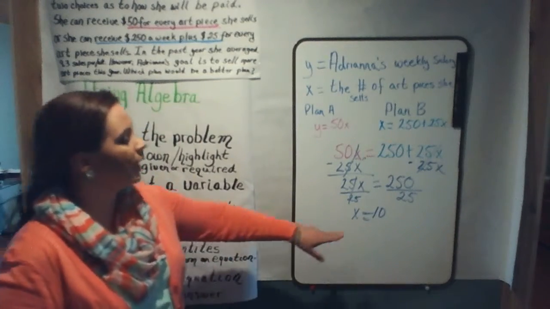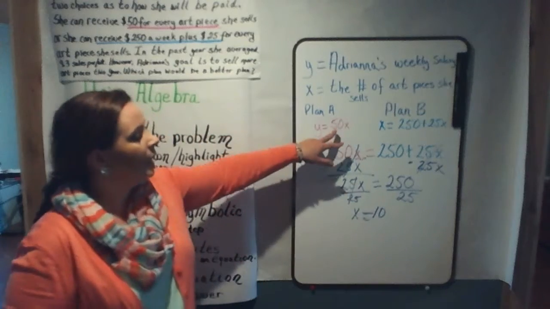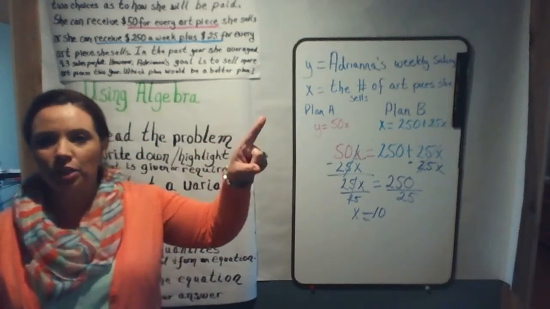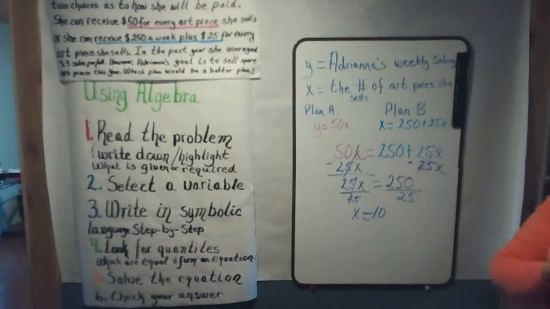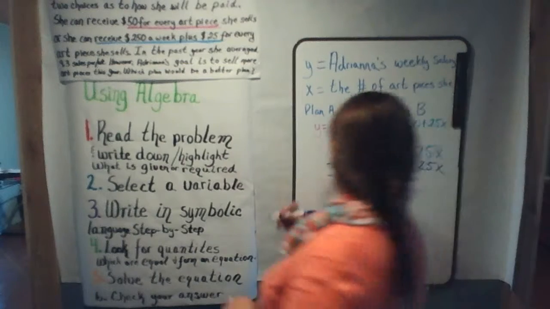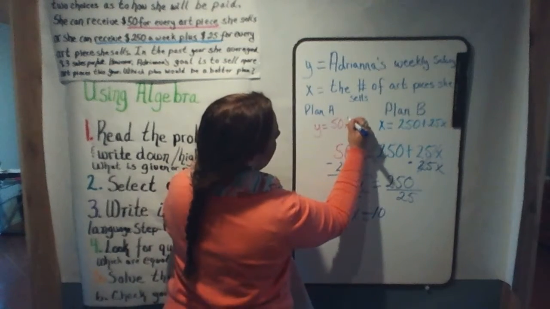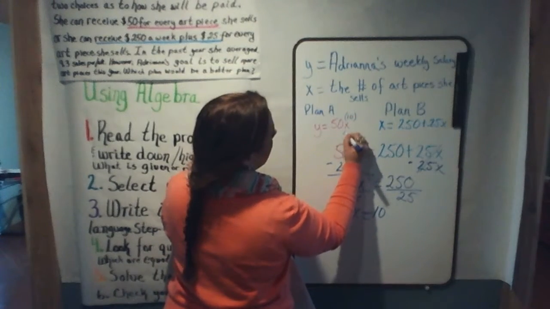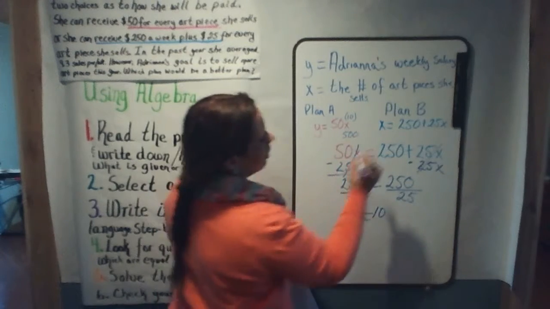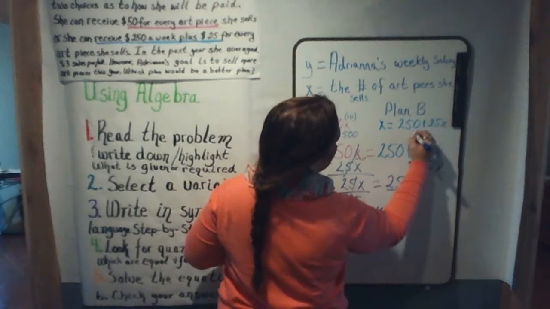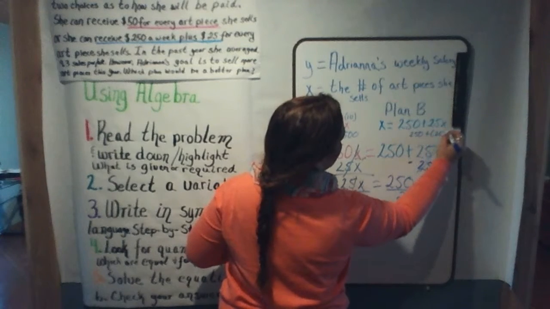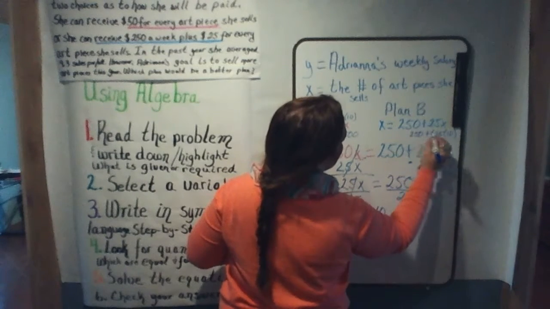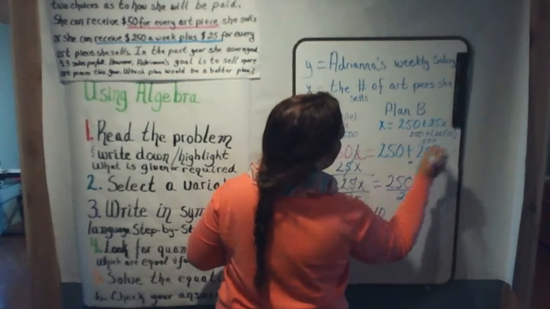X equals 10. You could check it if you plug it in. Remember, on our guess and check, she has to sell 10 art pieces, which she would get paid $500. So if you plug this 10 in, you're going to get 250 plus 25 times 10, 250 plus 250 is 500.